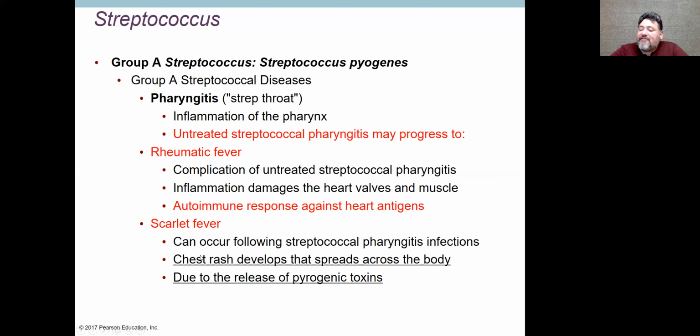And the consequence of scarlet fever is a release of these pyrogenic toxins. Again, fire-producing or heat-producing toxins that go into your brain and reset that temperature setting in your brain. So it's important that pharyngitis, strep throat can lead to rheumatic fever and scarlet fever.